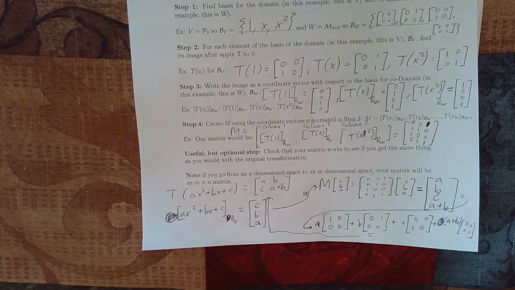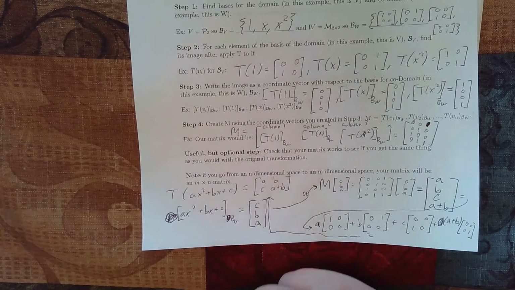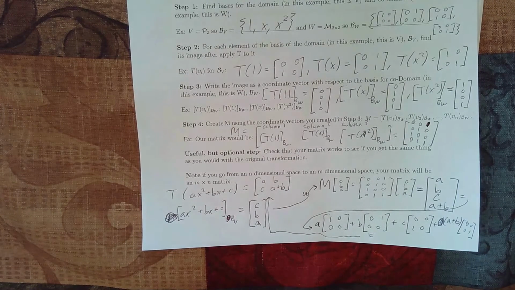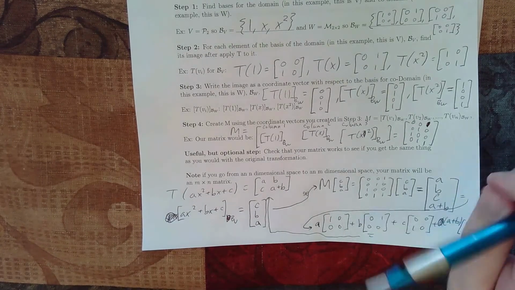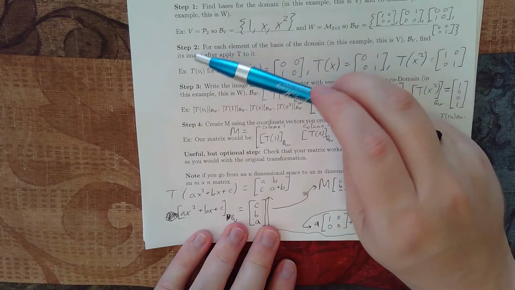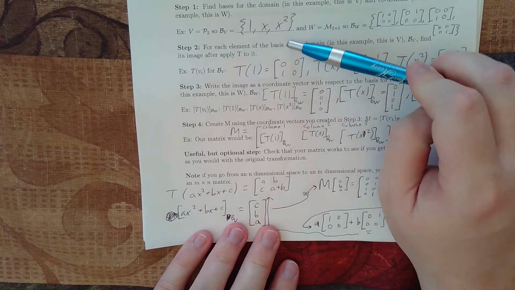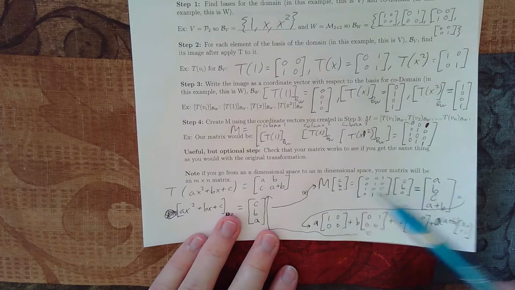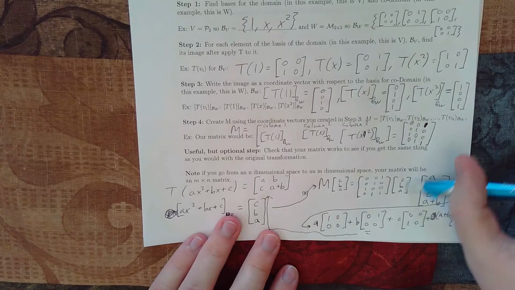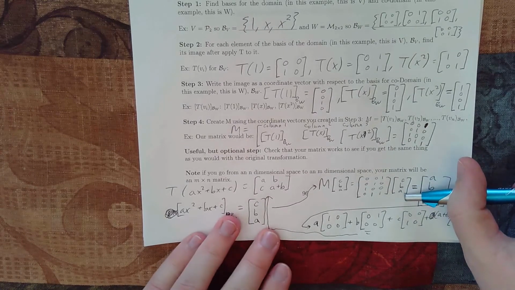Notice that the dimensions of our matrix are based on the vector spaces we're going to and from. For example, P2, what we started with, was a three-dimensional vector space because it had a basis with 3 elements. Because of that, we're going to have 3 columns, because the number of columns has to equal the number of rows of this vector.